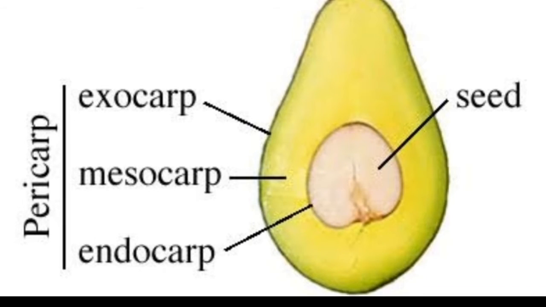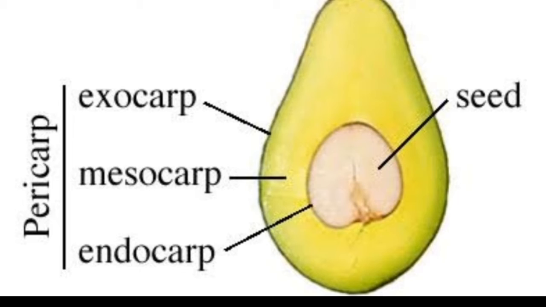These fruits contain seeds. Parts of a fruit. A fruit consists of two parts. They are pericarp and seeds. The pericarp is further differentiated into three layers. They are epicarp, mesocarp, and endocarp.